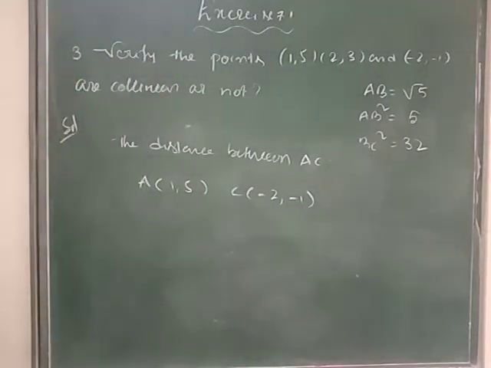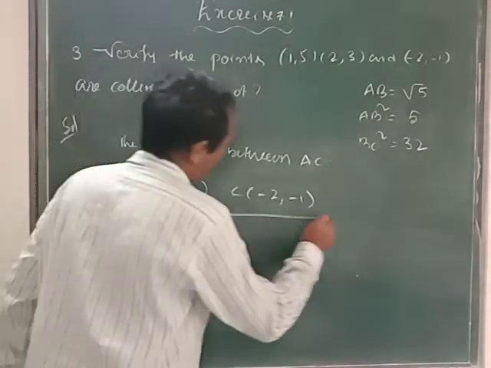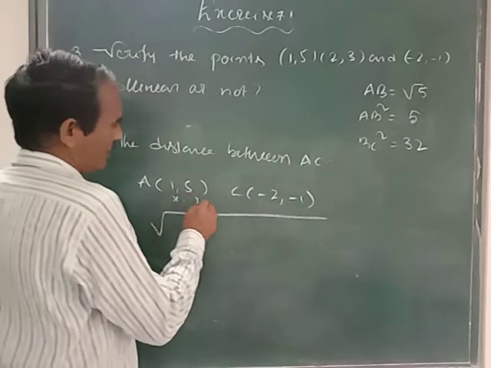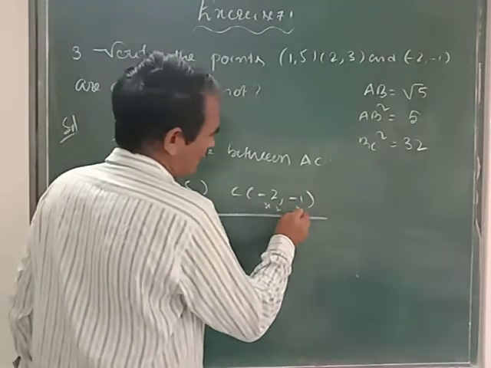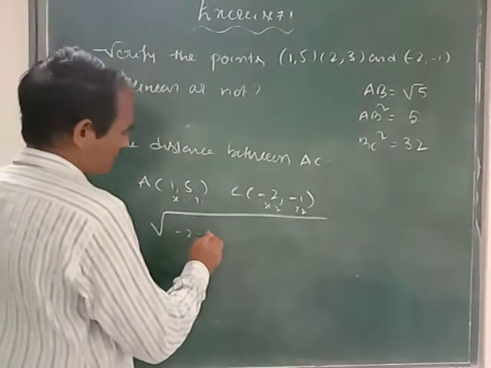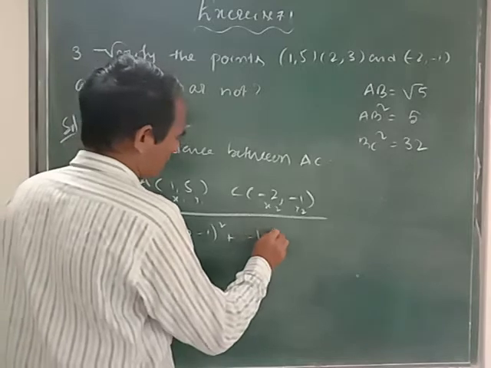Remember the formula: root over x2 minus x1 whole square plus y2 minus y1 whole square. This is x1, y1, x2, y2. Now x2 minus x1 is minus 2 minus 1, whole square, plus y2 minus y1, minus 1 minus 5, whole square.